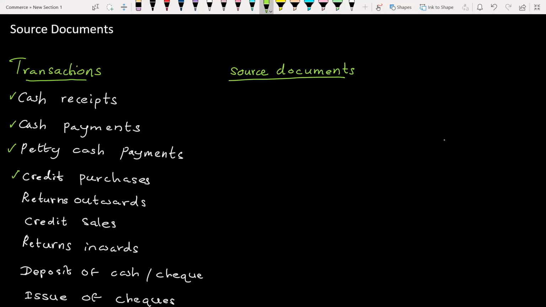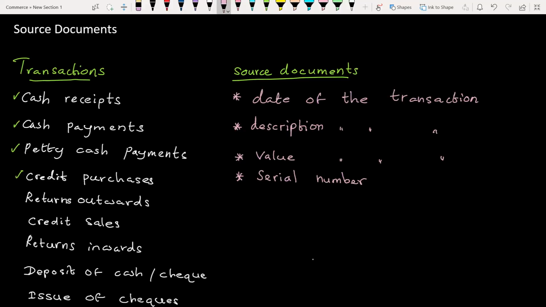So what are the details of a transaction? For example, the date of the transaction, the description of the transaction, and the value of the transaction. Remember, a source document has a serial number in consecutive order.